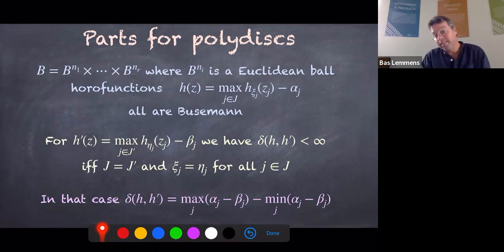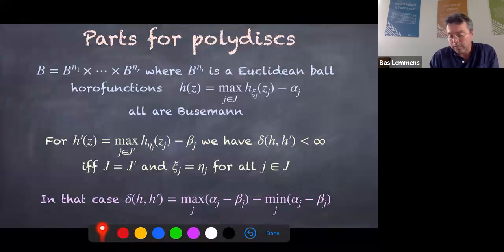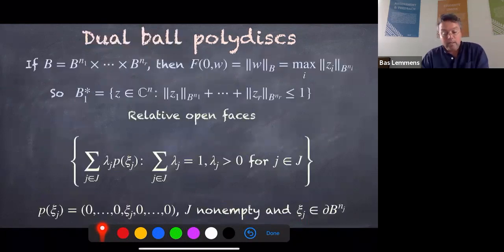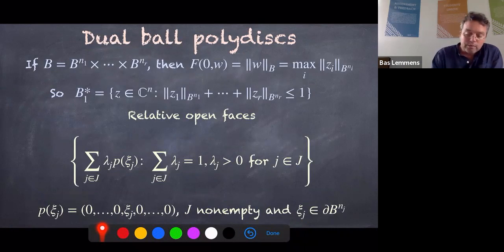So in fact, what we see here is that on the Horofunction boundary, it has these metric spaces that are isometric to a normed space. This is nothing else than a normed space. It's R to the J with a variation norm, a quotient of R to the J with the variation norm. Okay, so now of course, what do we have?